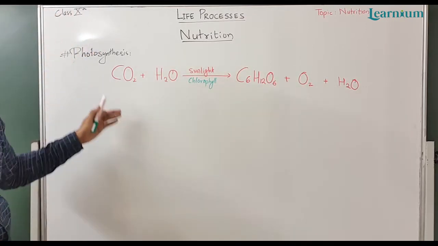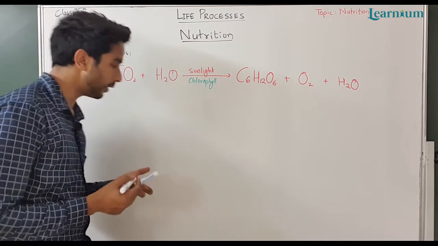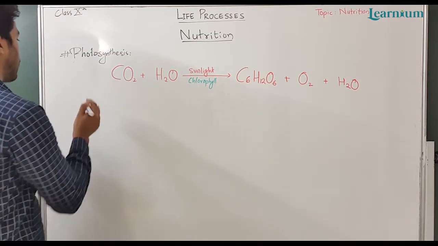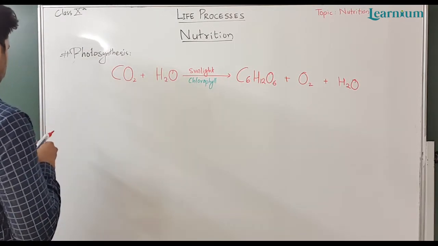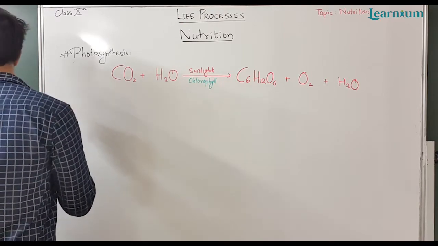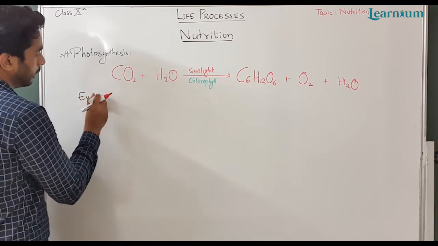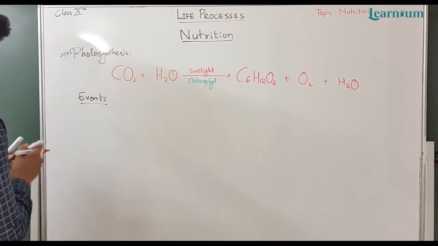So from this equation we can write the events. In exams a question comes like, write the events occurring in photosynthesis. So in the process of photosynthesis three events are there.